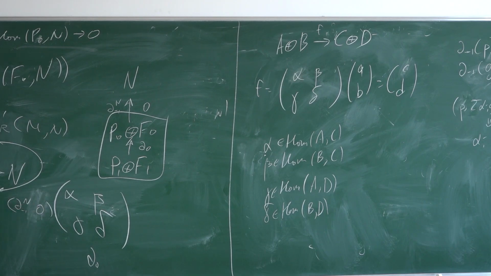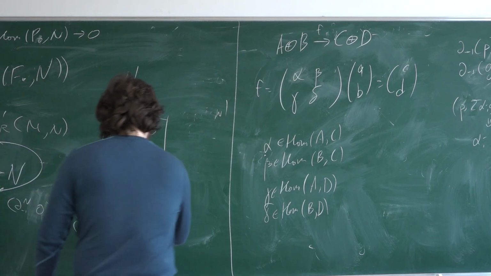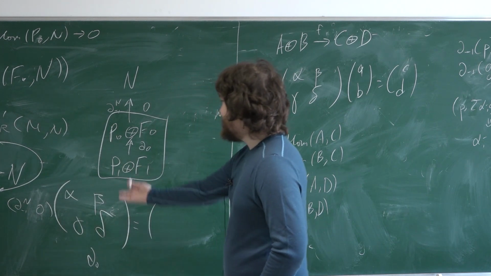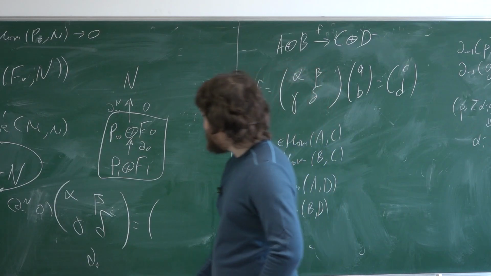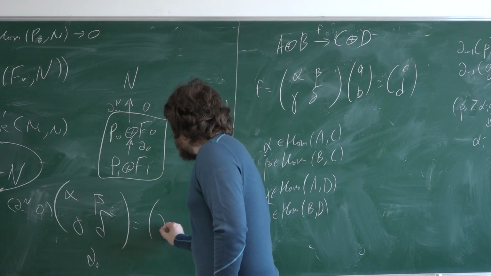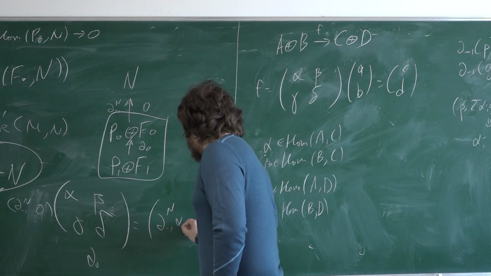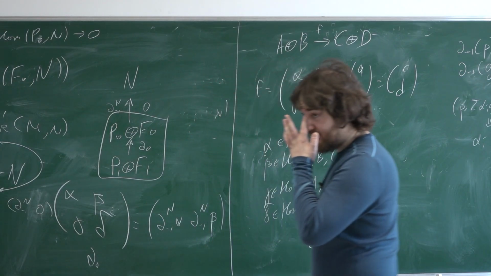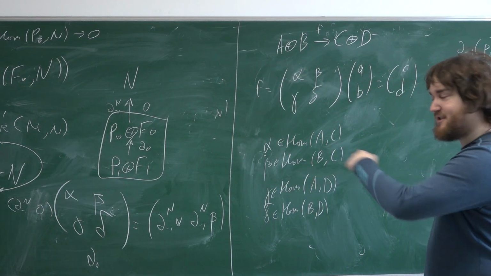Now let's multiply these matrices. What is the composition? I obtain d minus 1 alpha, d minus 1 beta, yes? Because it's 0.